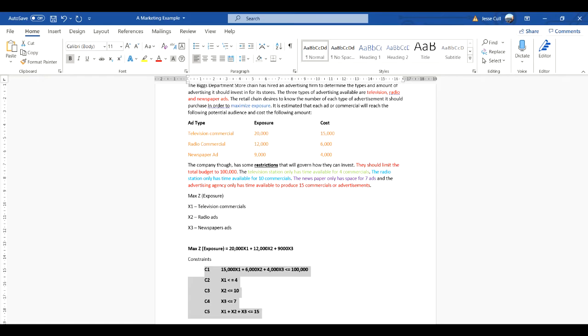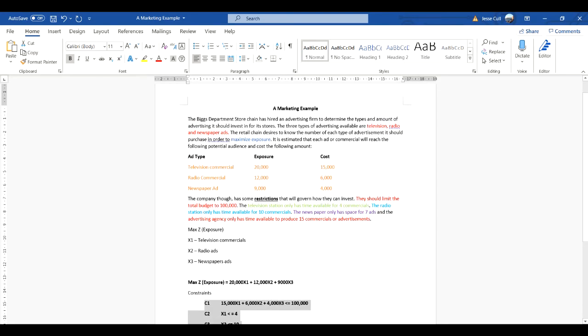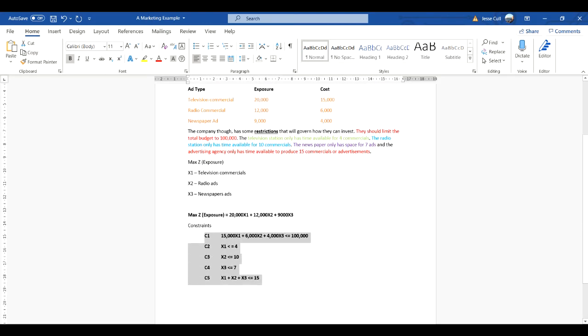We've taken a very common natural language situation, highlighted the key points, and translated those key points down here into an objective function, maximizing exposure, given 3 different choices. And we've governed our choices based on very real world, natural situations like limited space for advertising, a limited advertising budget, or limited time available from our advertising agency.